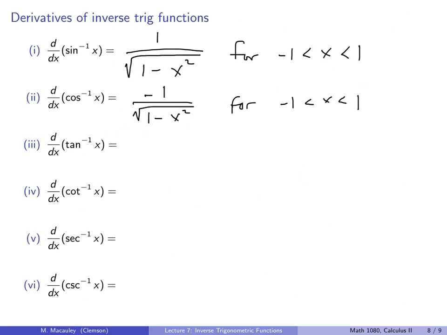So the derivative of arctangent is 1 over 1 plus x squared. And now we look at this and say, well, that's defined for all real values of x. So I'm going to say this is for all x between negative infinity and infinity.